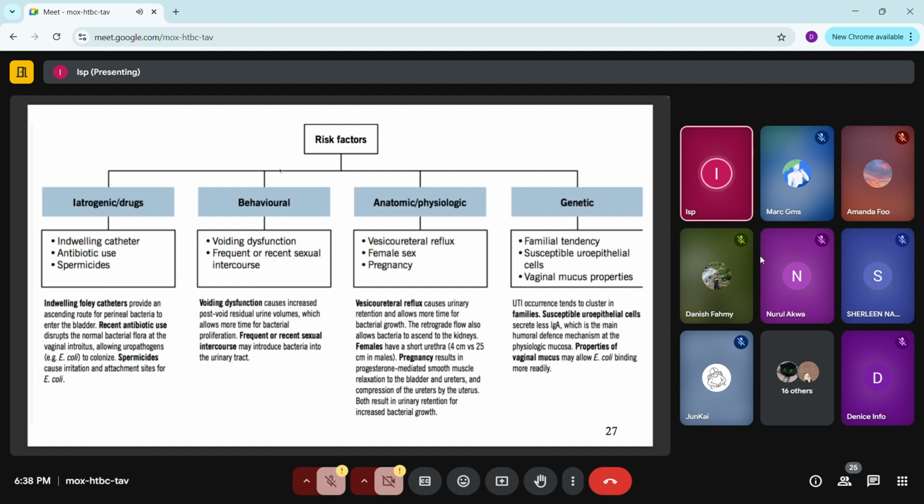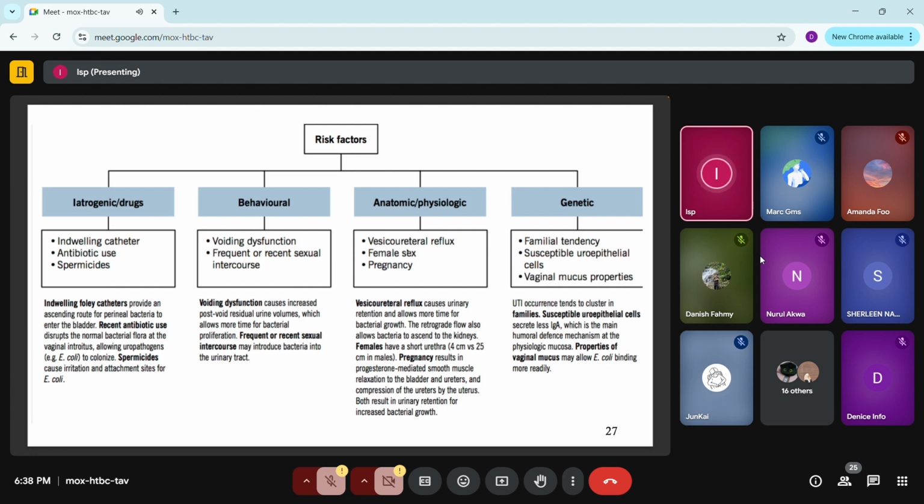The next one is behavioral problems. How you clean yourself, frequent sexual intercourse, all this can introduce bacteria. Then physiological or anatomical abnormality. Vesicoureteral reflux is an inborn anatomical abnormality, because this can cause urinary retention. It's not commonly seen.